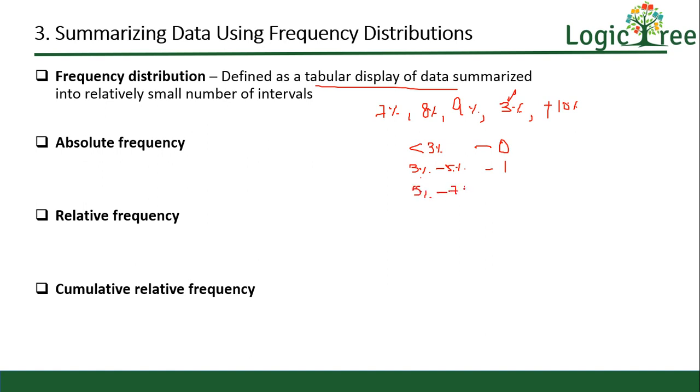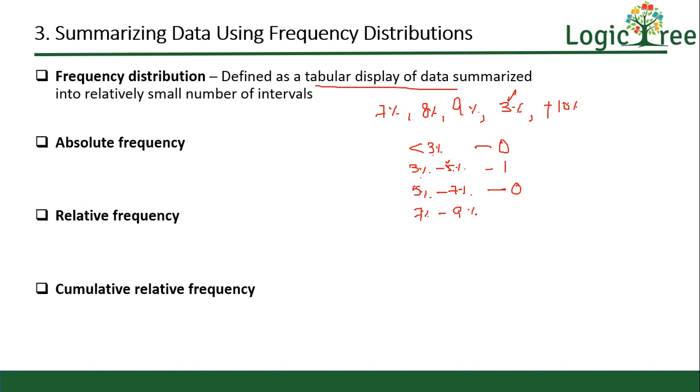Let the next interval be 5 to 7. In this case we are assuming that the number is less than the upper side of the interval, so it will be less than 5. Similarly, in this case it will be less than 7. So between 5 to 7 I have 0 stocks.